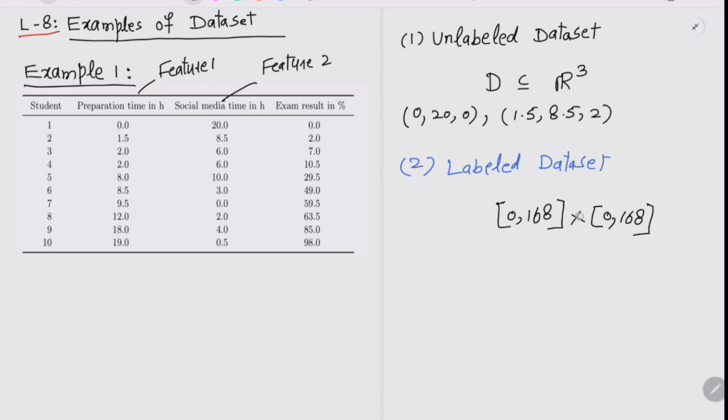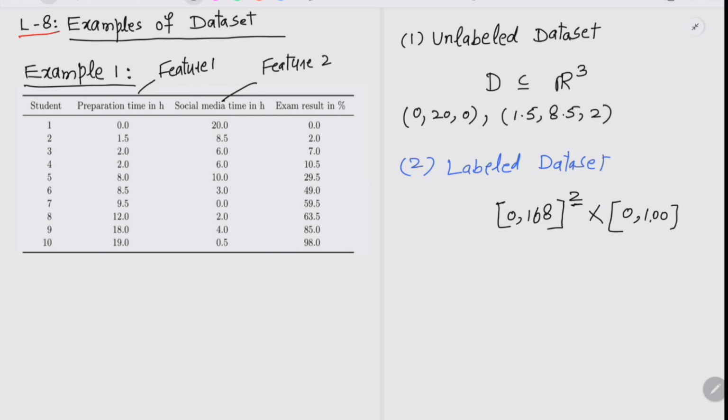Generally, when you have a feature, you write this as R squared. This shows that for the first 2 columns you have features. And what will be the answer? The answer will be from 0 to 100.